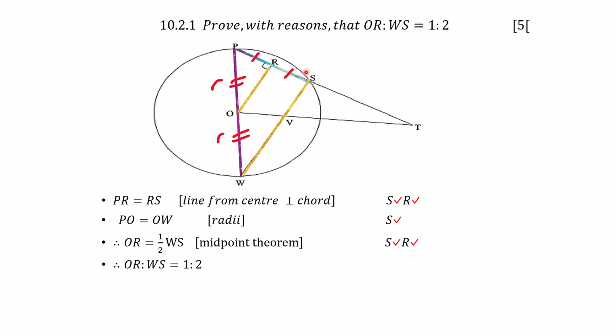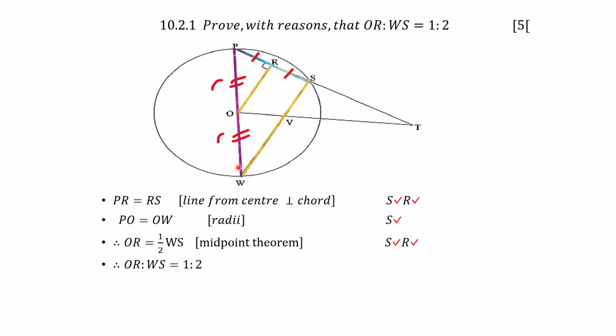So you'll see I drew two red lines there, PR, RS. Line from center, perpendicular to chord, so that means it divides that line into two equal halves. OP, OW. From any line drawn from the center to the circumference of a circle forms a radius.